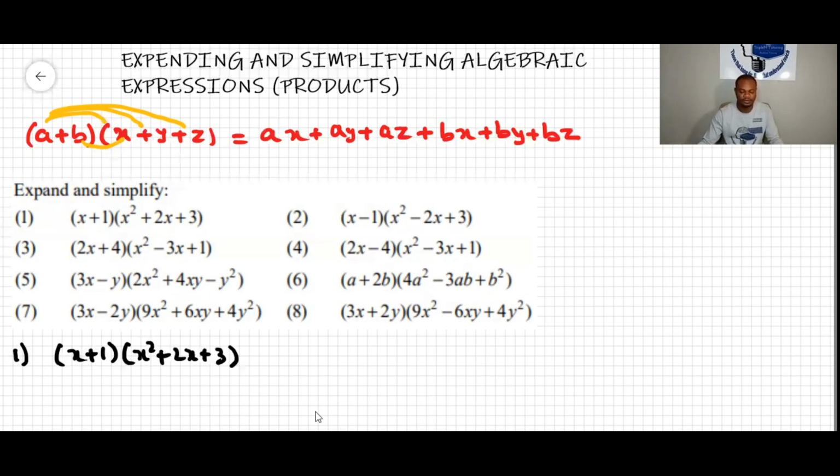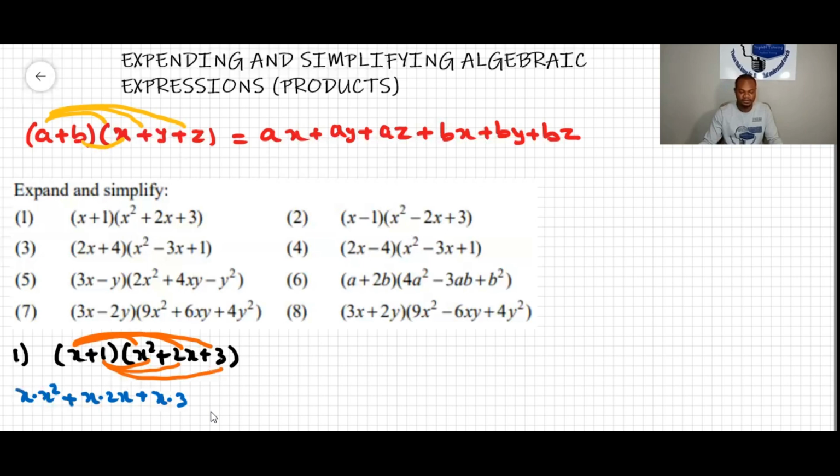Now we're going to do x times x squared, x times 2x, and x times 3. And then 1 times x squared, 1 times 2x, and 1 times 3. So this will be x times x squared plus x times 2x plus x times 3. This first part is done.